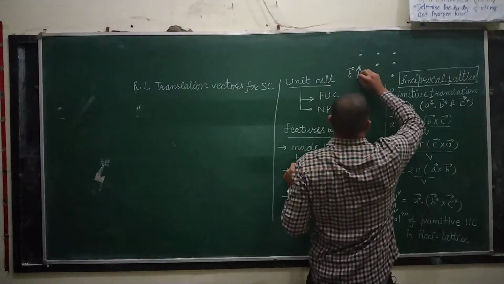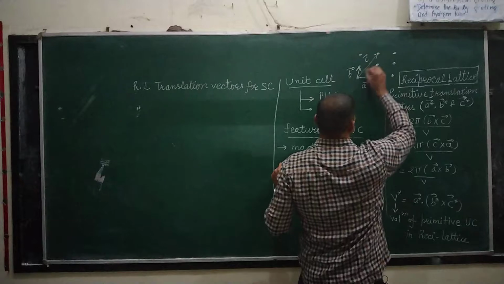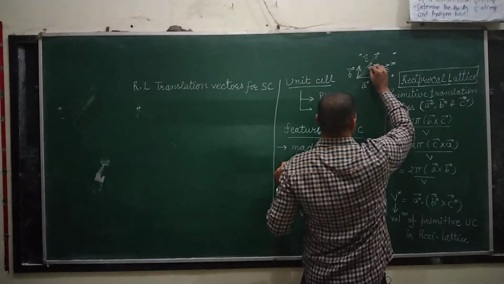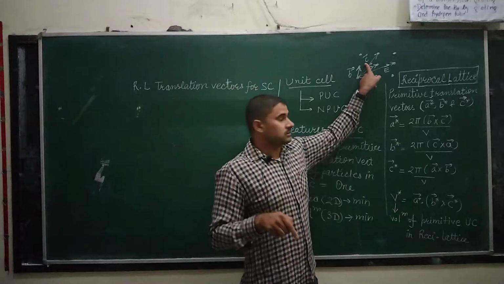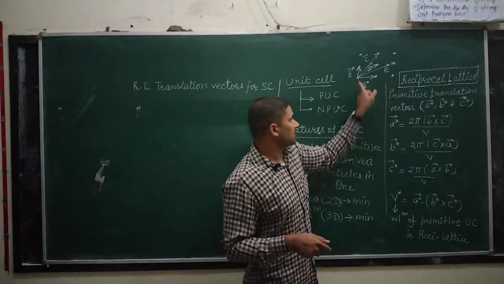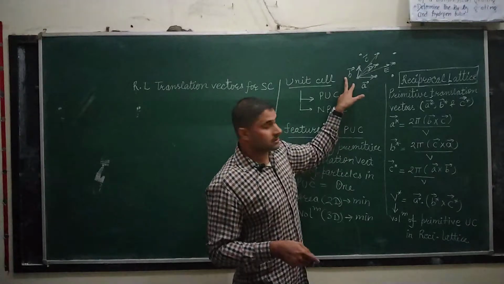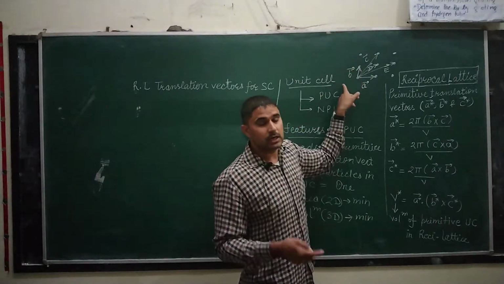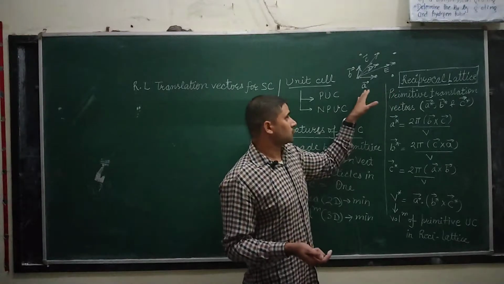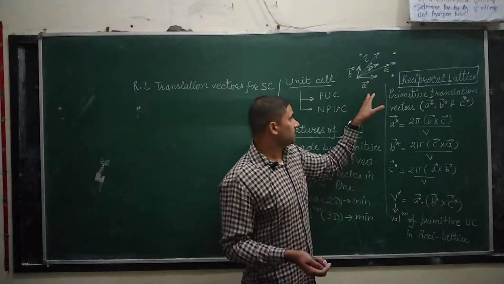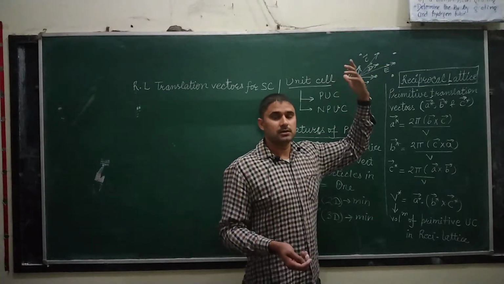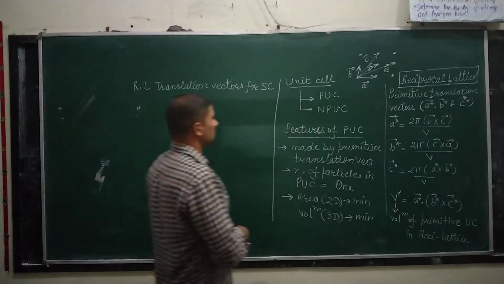If you draw vector C, vector D, and let this be vector E, you can see vector C can be written in terms of A and B, vector D can be written in terms of A and B, and in the same way E can be written in terms of A and B. So the primitive vectors are along definite directions and are unique, and the other vectors, which are infinite in number, can be obtained in terms of primitive vectors A and B. Primitive vectors A and B are linearly independent, and vectors C, D and E are dependent.